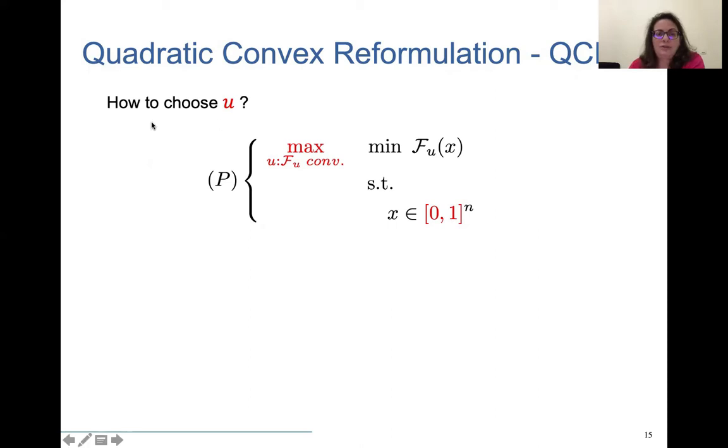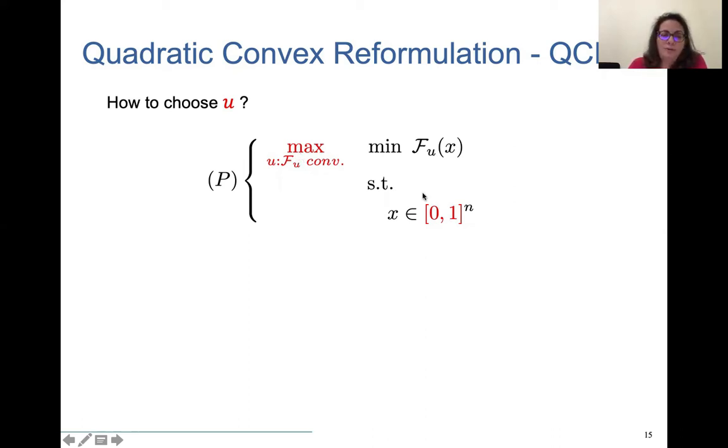In fact, you want a vector u such that the function is convex, but also such that the bound that you get by solving the quadratic convex relaxation, when you relax the integrality constraints, is as large as possible.